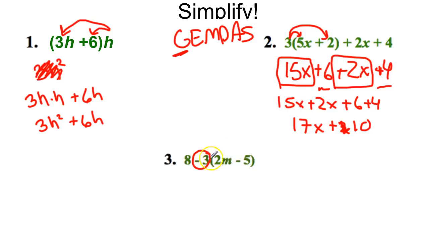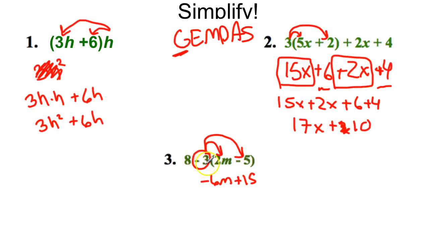So when you multiply, you have to multiply a negative number. So I do minus 3 times 2m. That's going to give you minus 6m. And then I do minus 3 times minus 5. When you do a negative times a negative, it becomes positive, so that's plus 15.